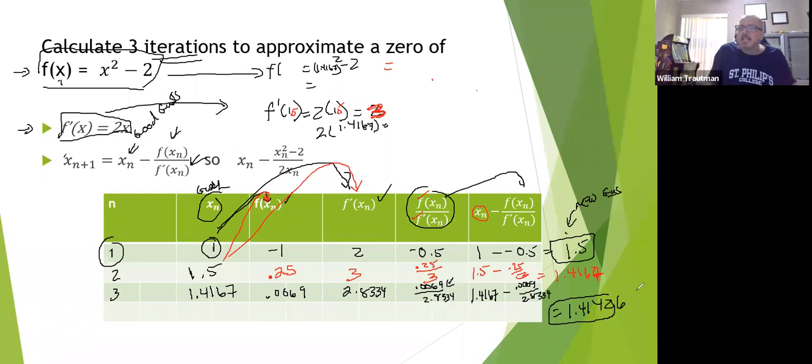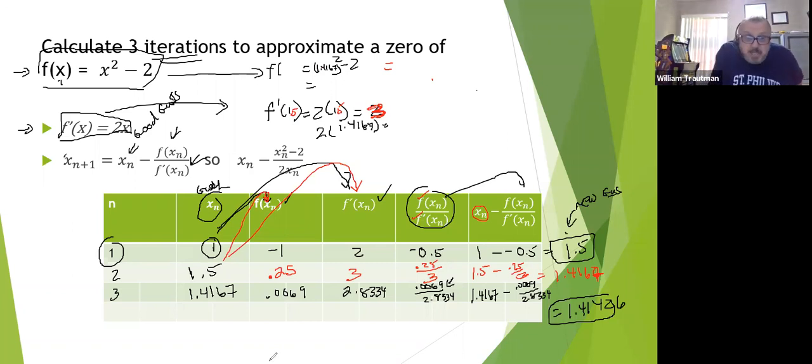In the homework, they may tell you to do 3 iterations, or to work this out until you can't get a different answer anymore. I'm going to show you that on the next problem.